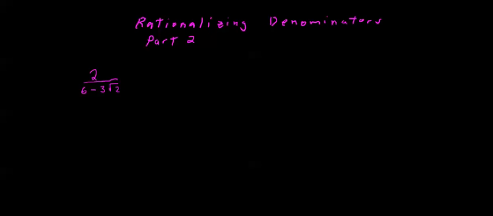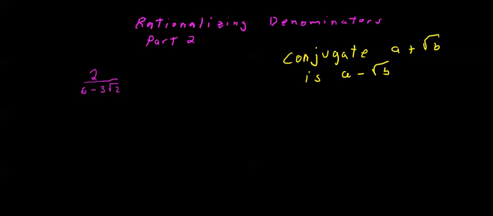The conjugate, very important word to remember, of a plus the square root of b is a minus the square root of b. The conjugate is exactly the same binomial. One is plus, one is minus.